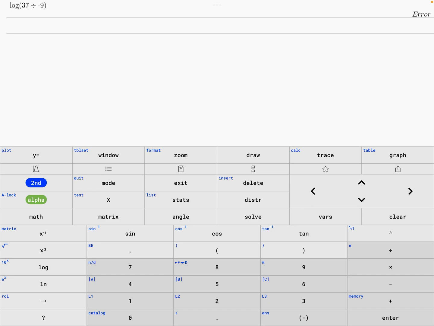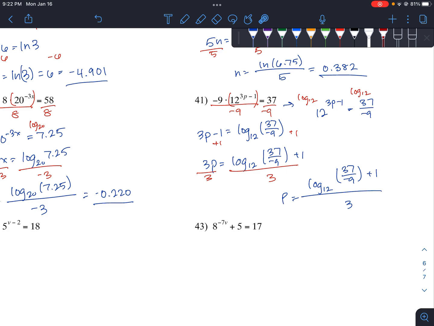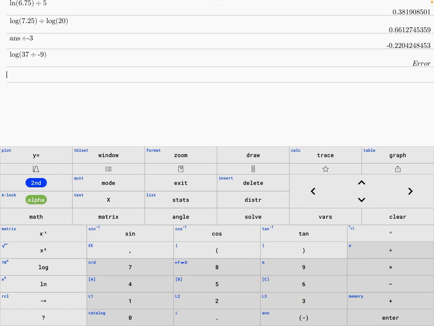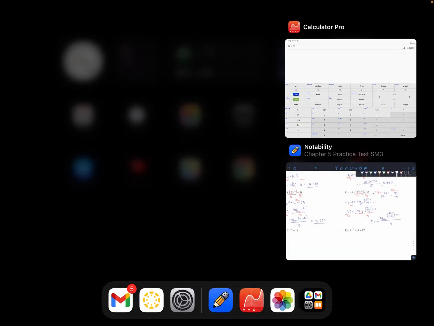Actually, let me go back and look at this. This one would probably be no solution. The reason I say that is because 37 divided by negative 9 is a negative number, negative 4.1111.